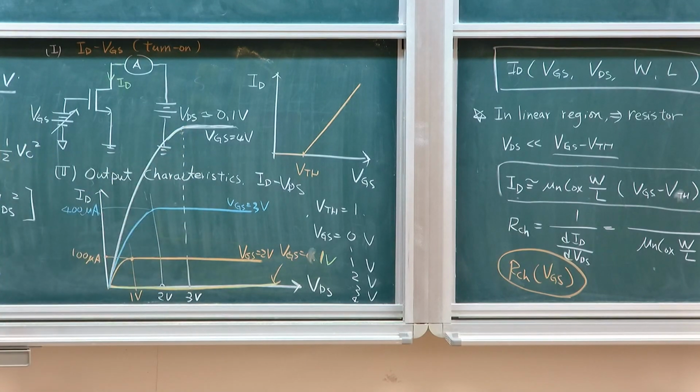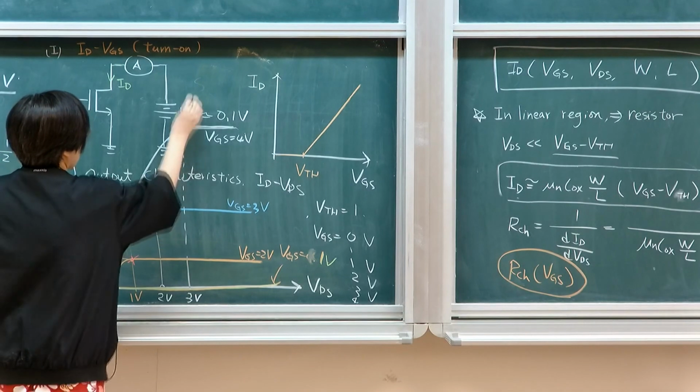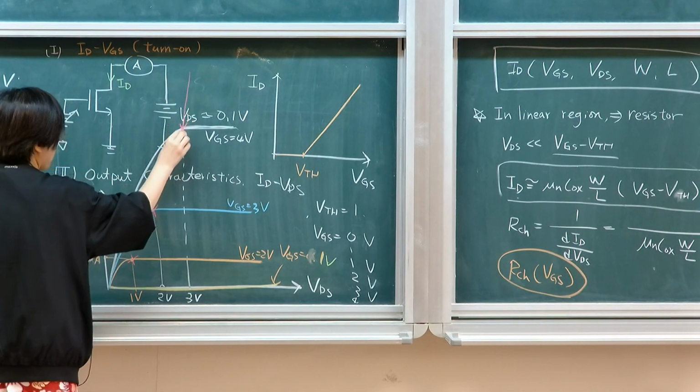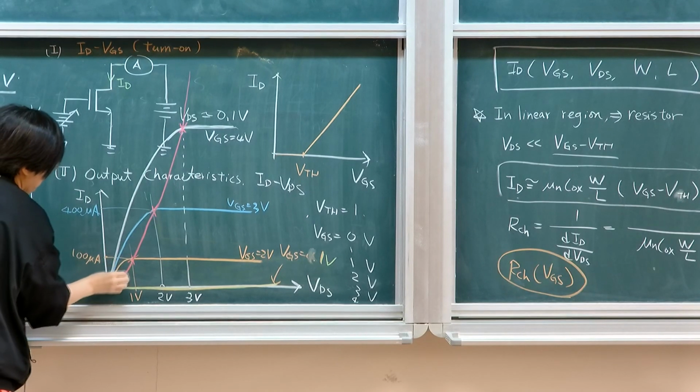So that's the square law jump. When you jump your overdrive, VGS minus VT, which is referred to as overdrive, the current is proportional to the square of the overdrive. And one of the key important things, I want to highlight the last one, is where do you divide the two regions? These are the turning points. There will be another parabolic line between the two.